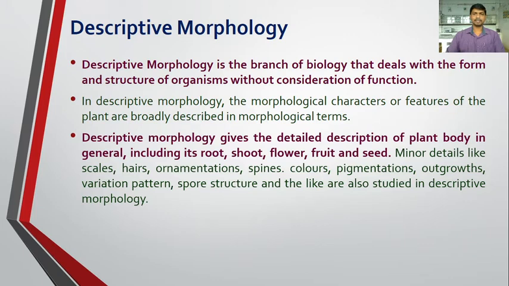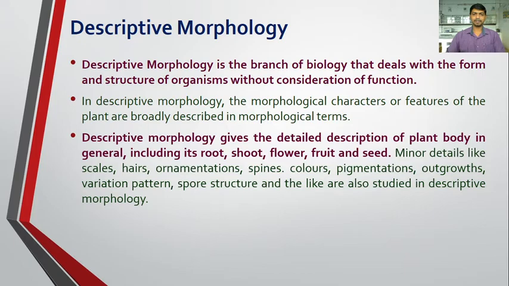So a detailed description of the plant body in general, including its root, stem, flower, fruit, seed, is carried out in descriptive morphology. Furthermore, minor details seen in the plant body, like hairs, scales, spines, colors, pigmentation, outgrowth, are also studied.